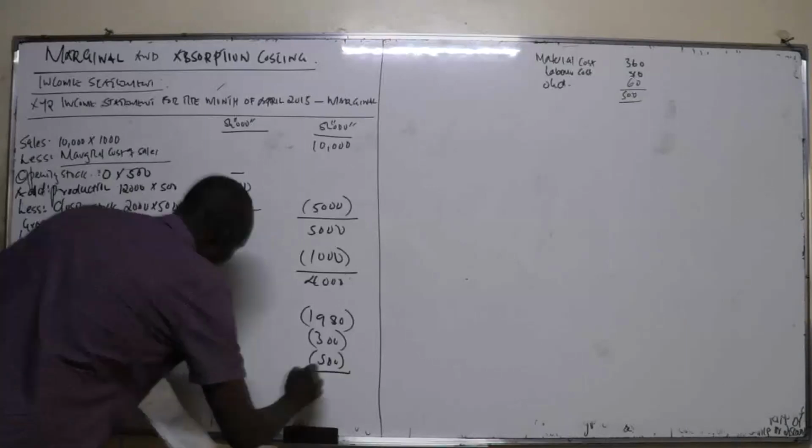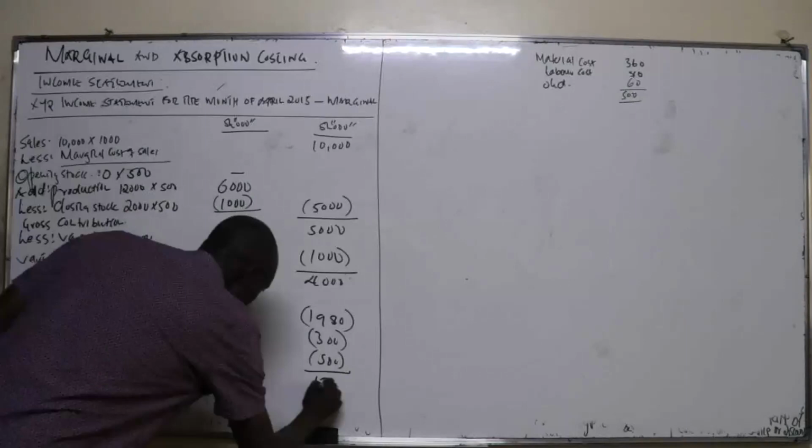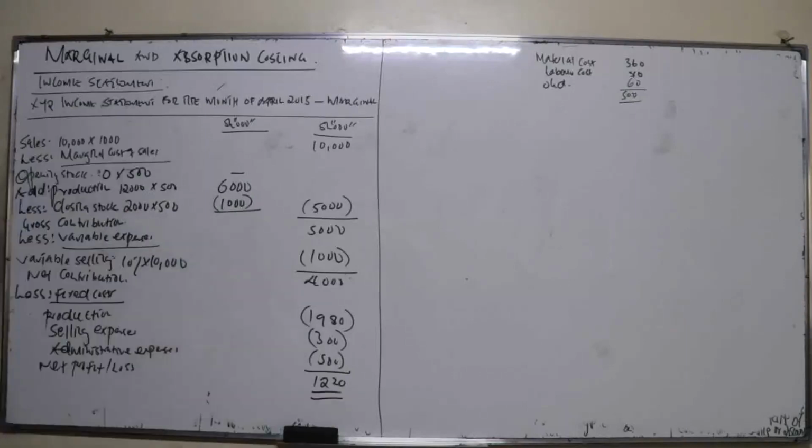How much is it? 1220. So that is how we come up with the income statement under marginal costing. It's very easy, and it's a very examinable question now and then.